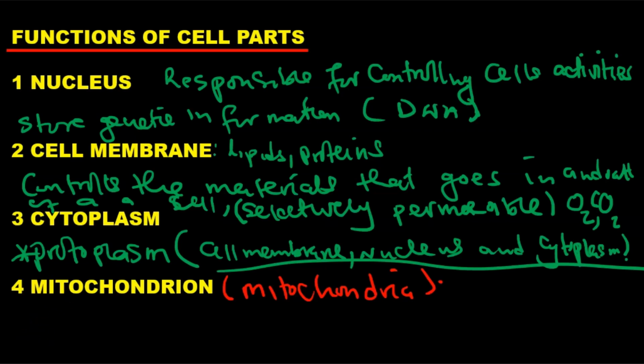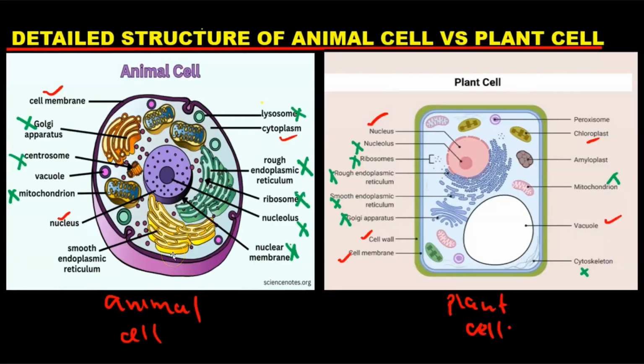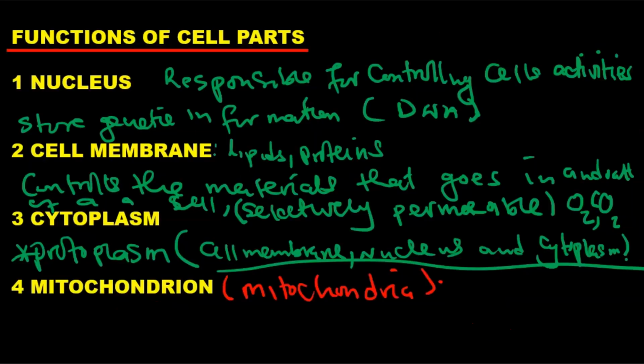In a cell, the mitochondria are rod-like structures. So if you look at this here, this is the mitochondrion. They are rod-like, sausage-like, if you want. If I were to draw the structure, it's like this one. It's rod-like, and then inside, okay, it's a mitochondrion.